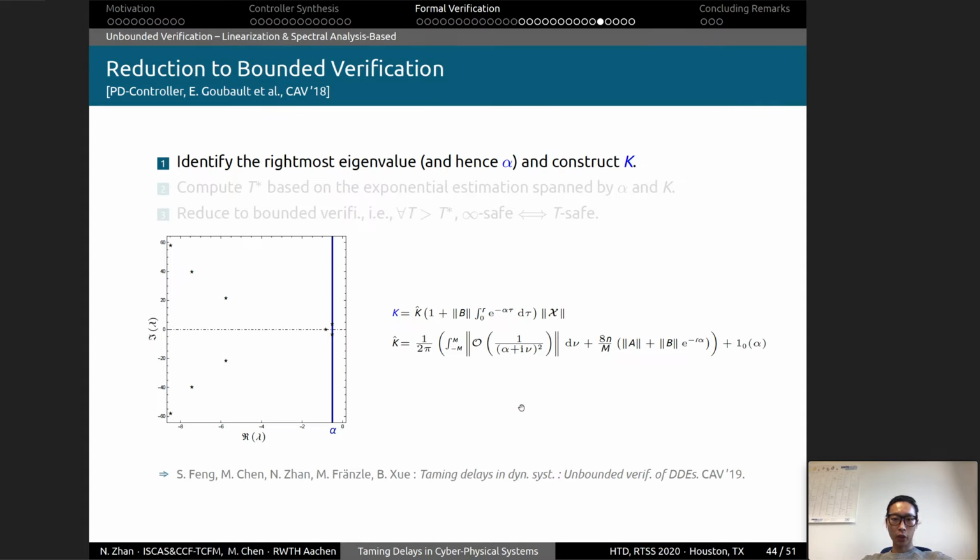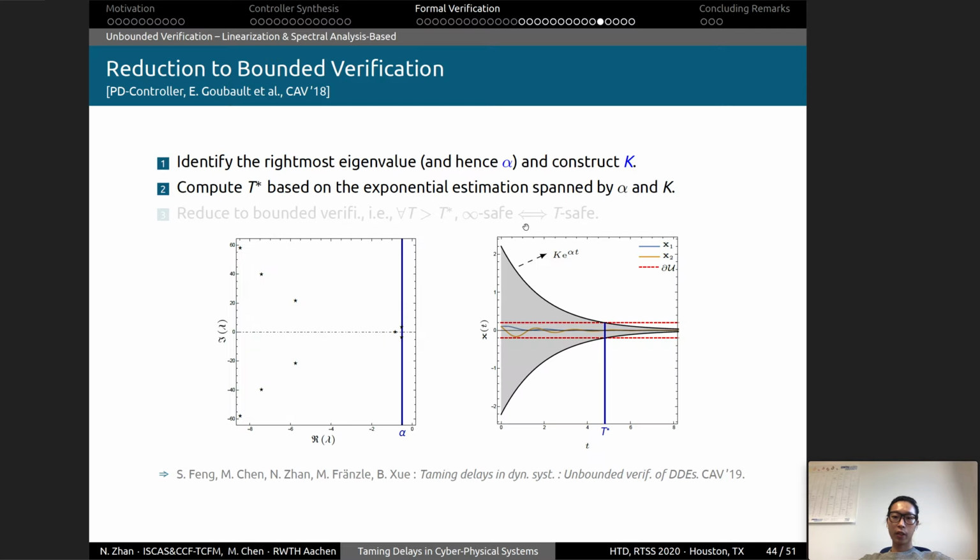Well, for linear differential equations, we provided a way to compute the constant alpha and a way to construct the constant k. With that, we actually have an over approximation of the reachable set here as the gray area, and this curve is, you can see, the upper bound k times e to the power of alpha t.